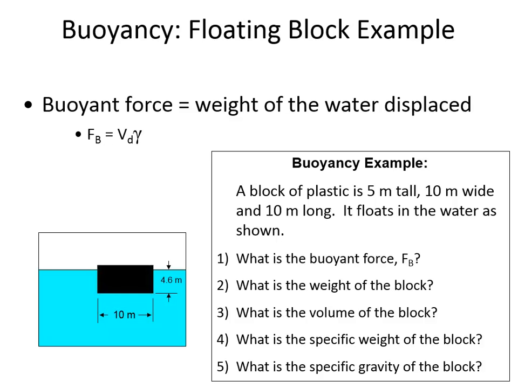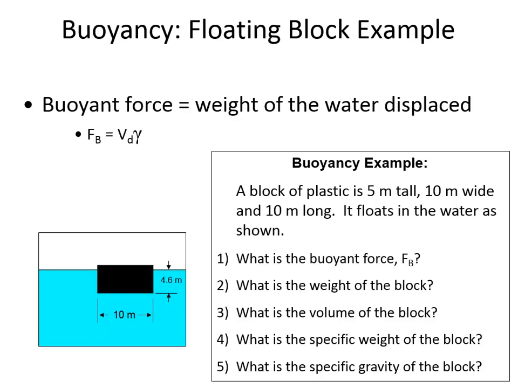Now, what's asked for in part 4 is the specific weight of the block. The specific weight, or the unit weight, can be a property that's calculated not only for a liquid. You can calculate the specific weight of a solid, and that's what we're doing here in this example. The volume of the block is known, the weight of the block is known, and so we simply rearrange the formula for unit weight, which is the weight of some object divided by its volume, and we can find that the unit weight of this block is 9025 newtons per cubic meter.